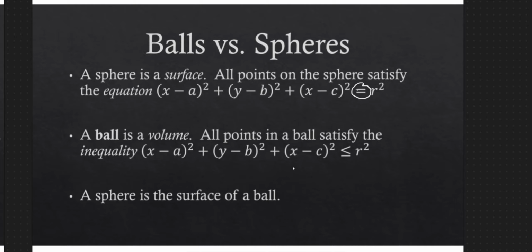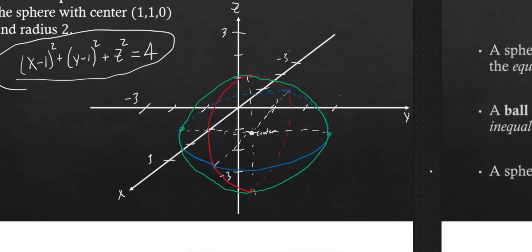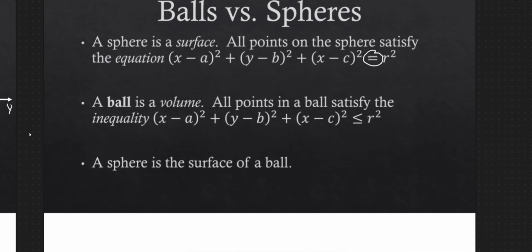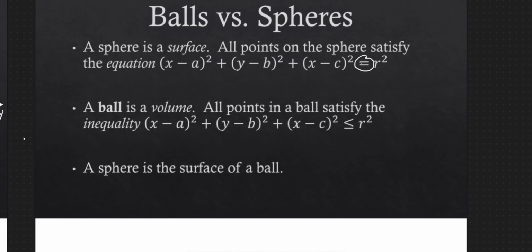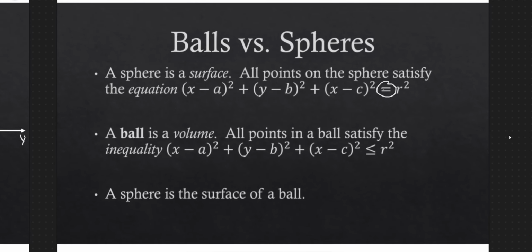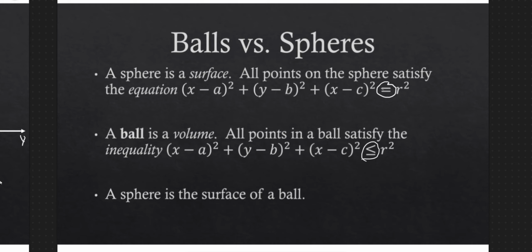So if you take that sphere and you fill everything in, so back to this drawing, if you fill this all in, everything inside that volume, now we're talking about what's called a ball. And we don't just want the points that are exactly that distance from the center. We want the points that are at most that distance. And that's why we have a less than or equal to for the ball.